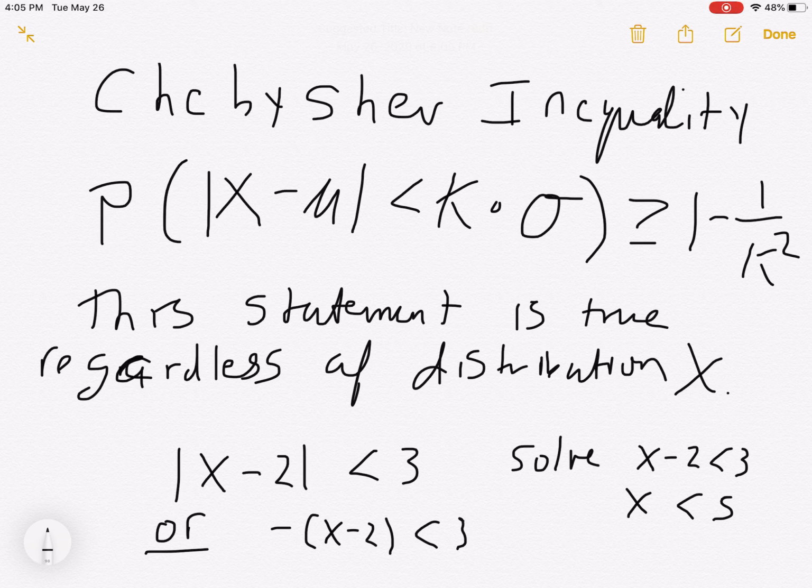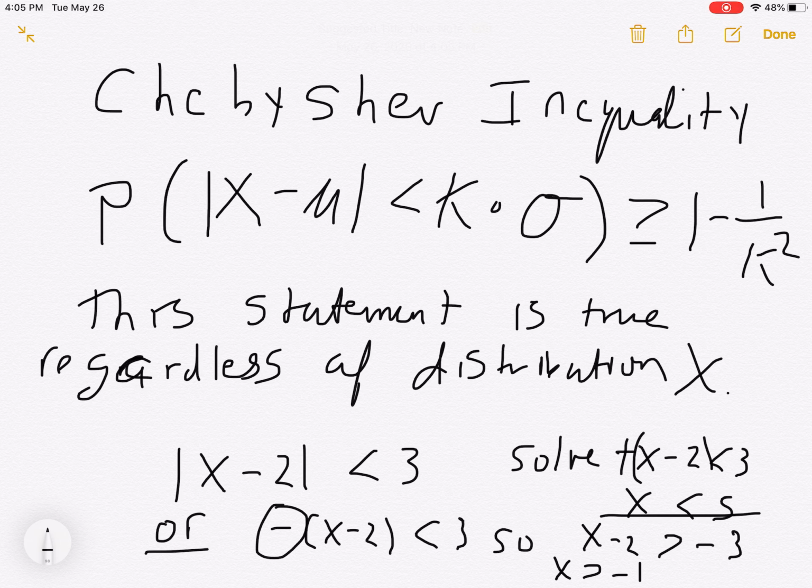And when we do that, we're going to have to reverse the inequality. So x minus 2, when I move the negative to the other side, is greater than negative 3. So x is greater than minus 1. There's two solutions to be solved there. One is the plus of that, and one of them's the minus. So just keep that in mind.